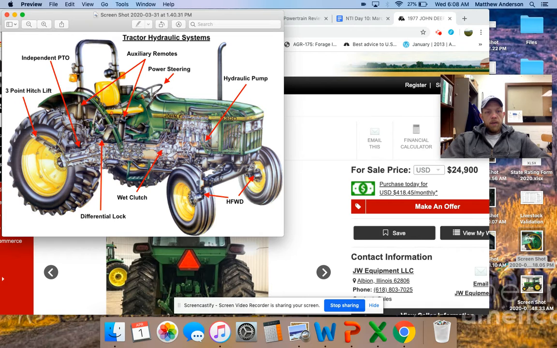Then we have the two components of the hydraulic system that ring true to the use of hydraulics as we know them on the tractor. The first is probably our auxiliary remotes, and that is going to power a loader, and hydraulic cylinders on attached implements, and then the 3-point hitch lift.